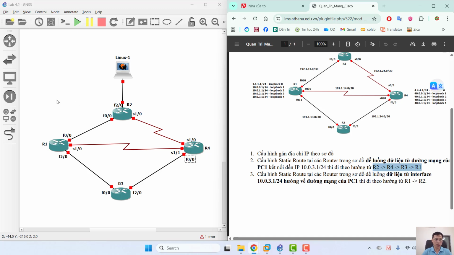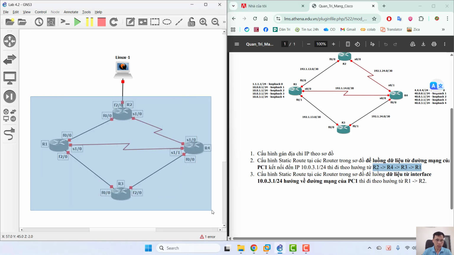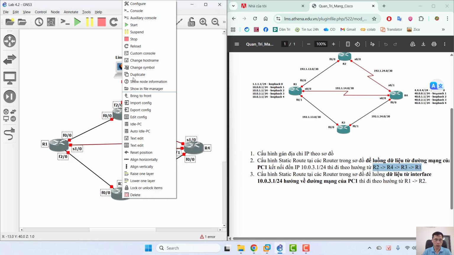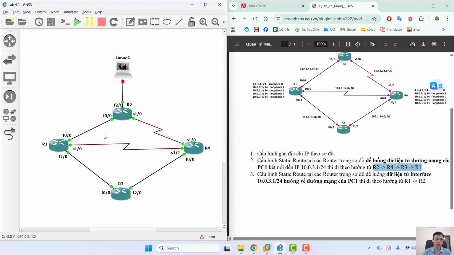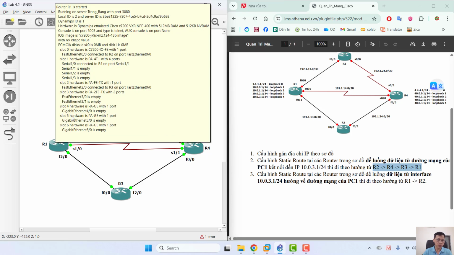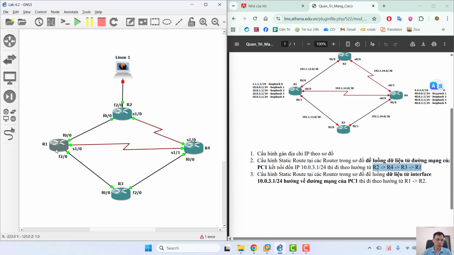First I will start on the devices. You can see in my topology I have the ports here, Ethernet, Fast Ethernet and serial ports, and I made notations here so I can easily assign IP addresses.